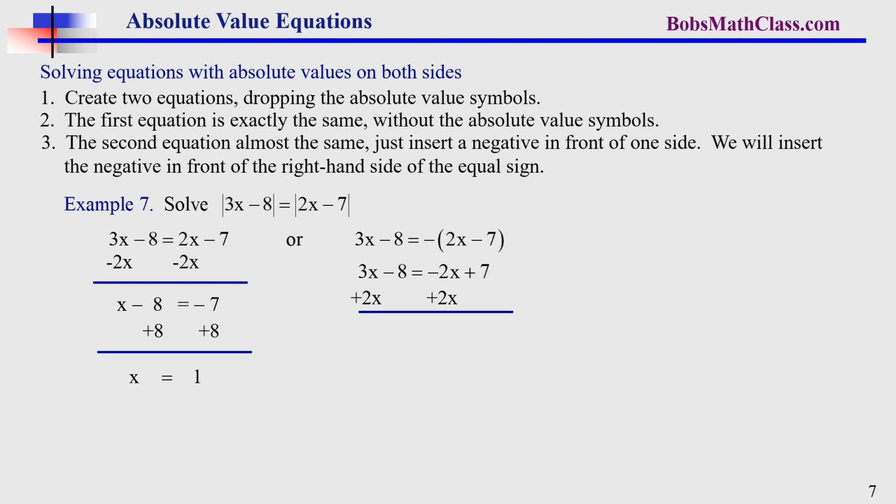That removes the x on the right-hand side. We have 5x minus 8 equals positive 7. Then add 8 to both sides. That'll give us 5x equals 15. Now divide by 5. X is 3. So now we have our solution. Put it inside braces, 1 and 3.